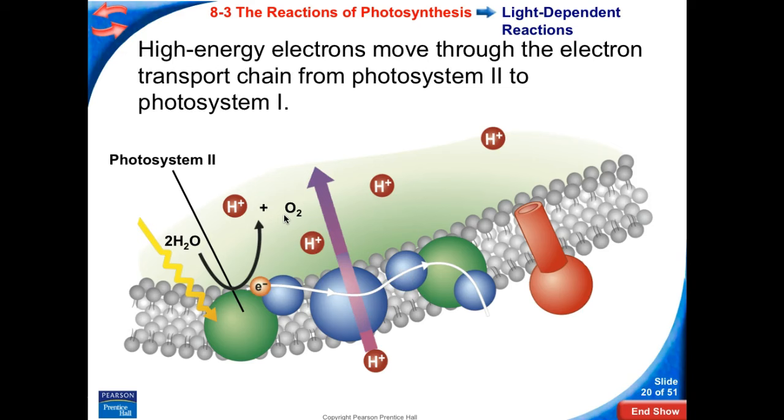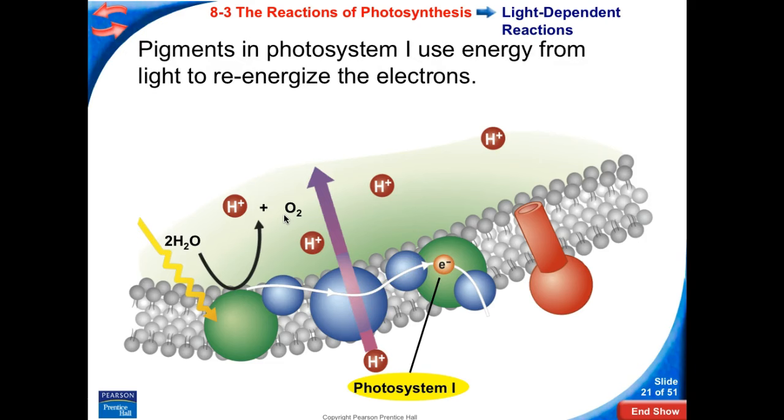High energy electrons move through the electron transport chain from photosystem 2 to photosystem 1. There's photosystem 1. Pigments in photosystem 1 use the energy from light to re-energize the electrons.